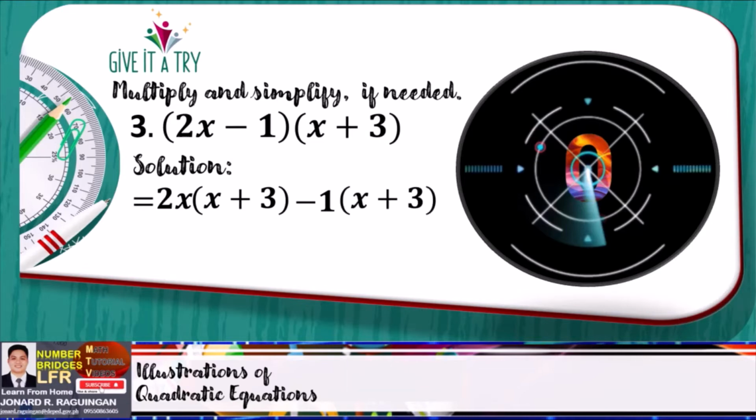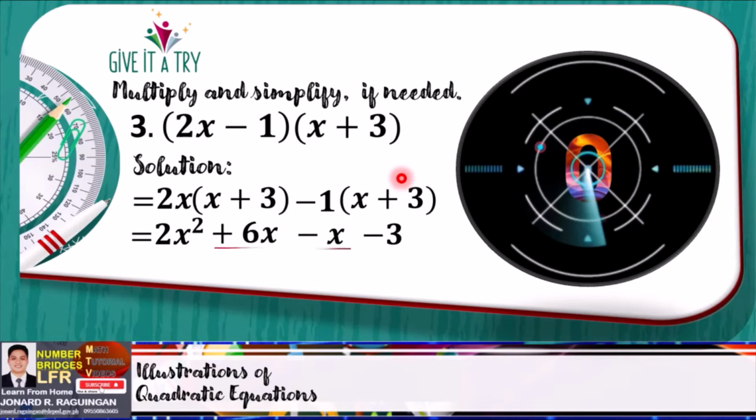Then, you are going to simplify. Applying your distributive property, we have 2x times x is 2x squared, 2x times 3 is positive 6x, negative 1 times x is negative x, negative 1 times positive 3 is negative 3.